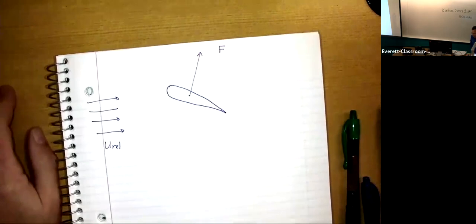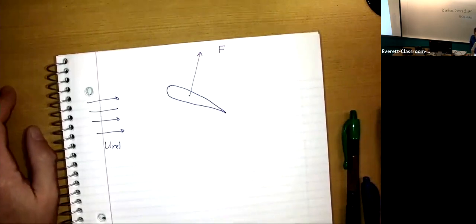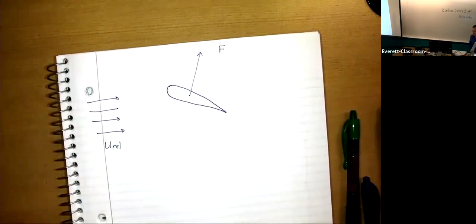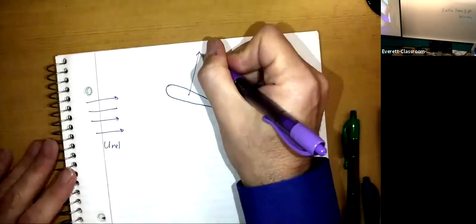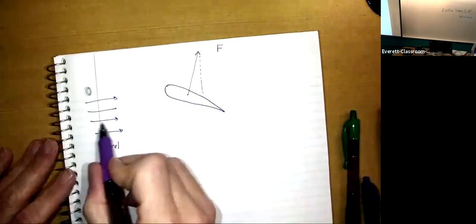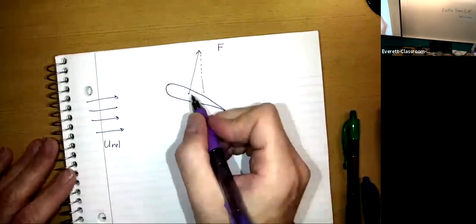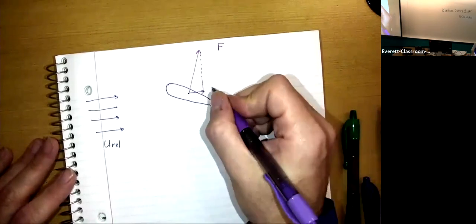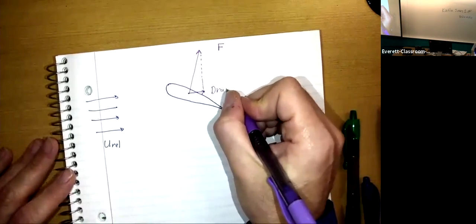Now, we as human beings have decided that we are going to decompose that force into two forces. We're going to take the component of that force that is in the same direction as the relative wind velocity. We're going to call that force drag.